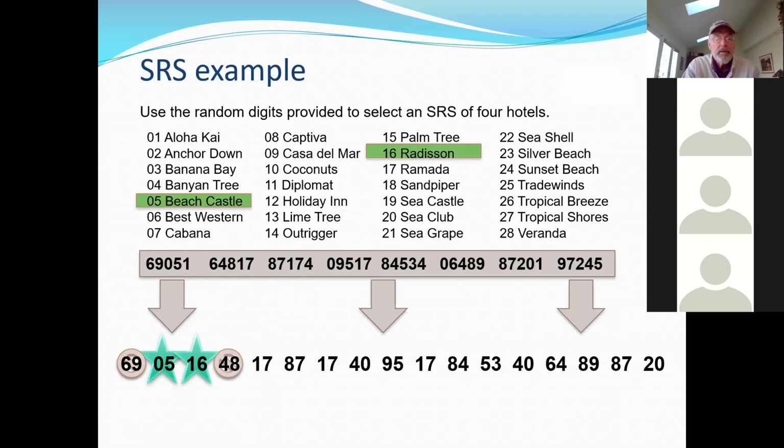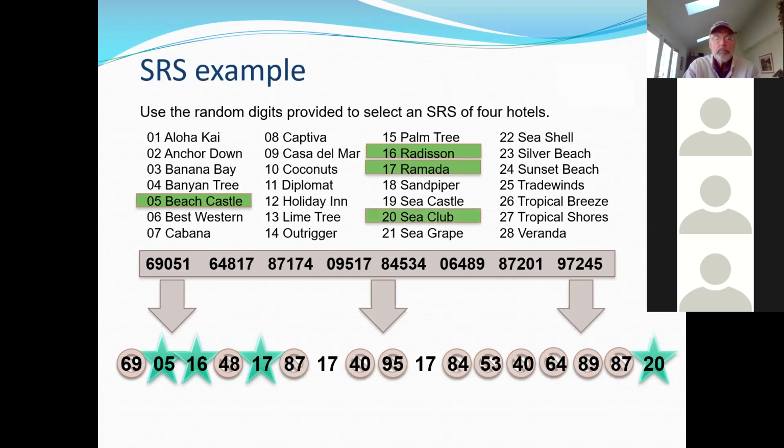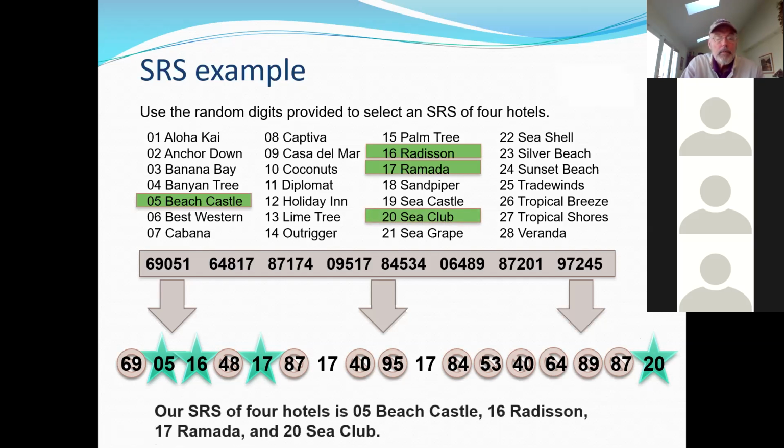If we got to 17, that too would be a hotel that we select. And you go all the way down. We throw out 17 because we've already used that, and then we get the fourth right here. So that is how we generate a sample using a random digits table.